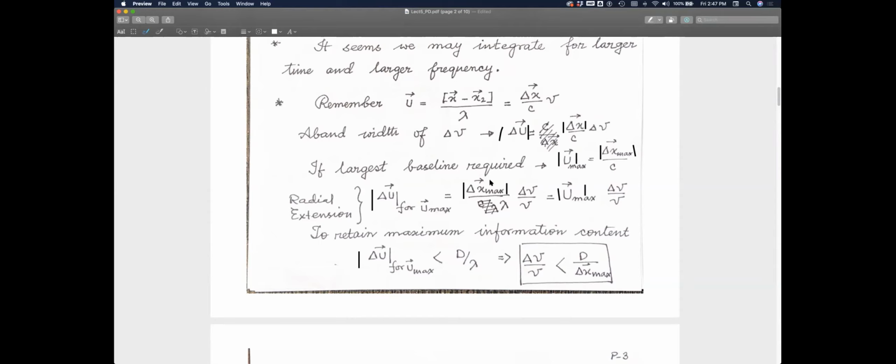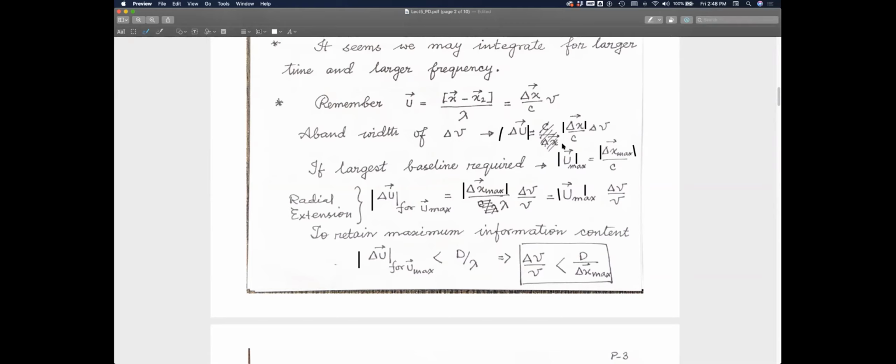If you go to the edge, if your baseline is smaller, if you are closer to u equals 0, then that effect is lesser, right? Because it depends on delta x or this u. Now once I do the Fourier transform of this, the Fourier transform preserves the information in different axes, right?